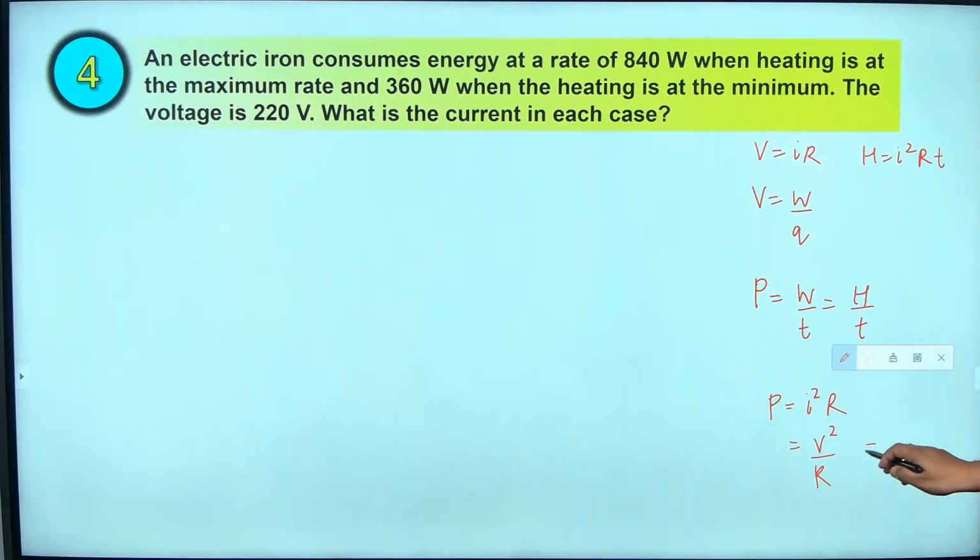Or I can write R is equal to V by I, since V is equal to IR. So if I write V by I, it will become VI. So power formula can be I square R, power formula can be V square by R, power formula can be VI.